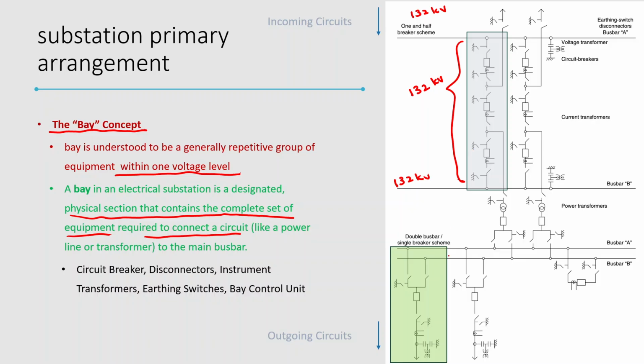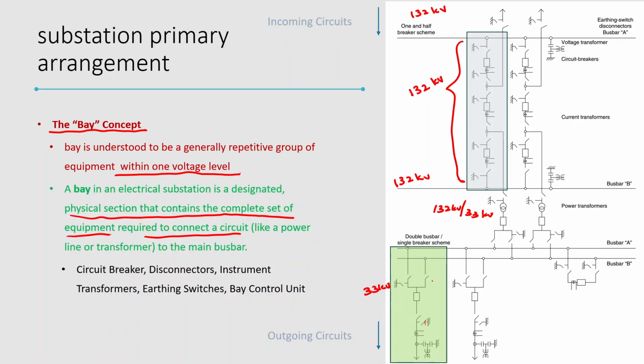And if you look at this distribution, let's say this transformer is a 132 kV to 33 kV transformer, right? In that case, this whole system, the feeder going out, is a 33 kV system, so it's at a single voltage. All these circuit breakers, instrument transformers and everything are connected to this 33 kV system.